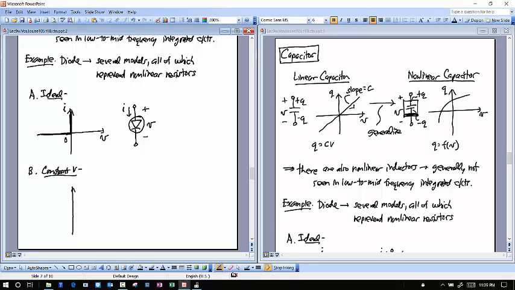So in this case, the IV curve is also 0 current all the way up to now a threshold voltage, which I'll call VD0 for the on voltage of the diode. So that's my diode on voltage.